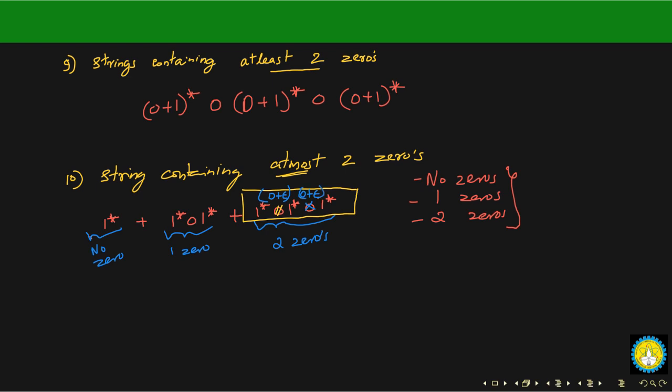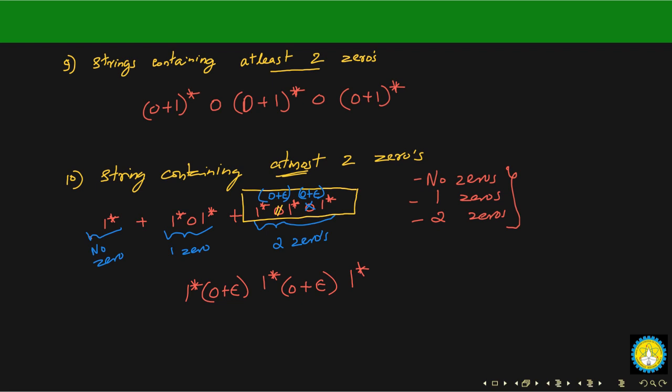If I say it like that, then it would have a different meaning. So let me write it separately here and then explain it. I write 1 star followed by 0 plus epsilon, followed by again 1 star, followed by 0 plus epsilon, and again followed by 1 star.